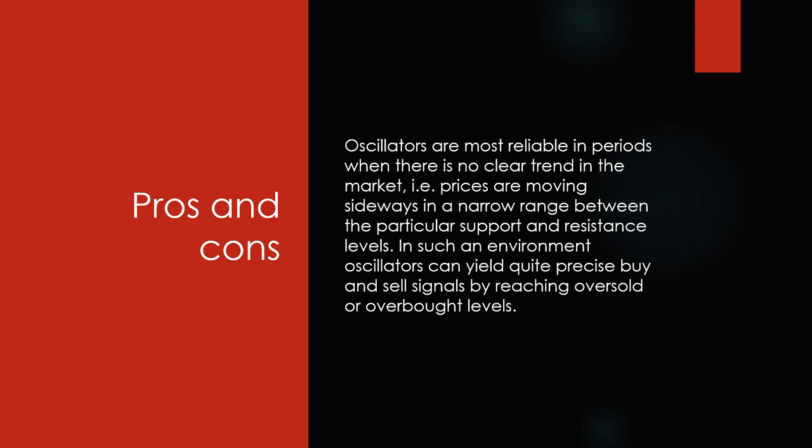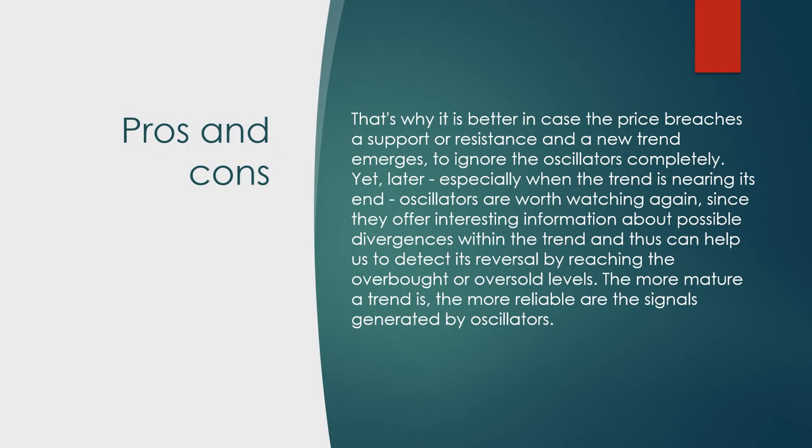Then we have oscillators. Oscillators are formulas that bounce back and forth between a known number. For instance, RSI will always come out between 0 and 100, and we trade it above the 70 range and below the 30. Okay. But there's lots of pros and cons.